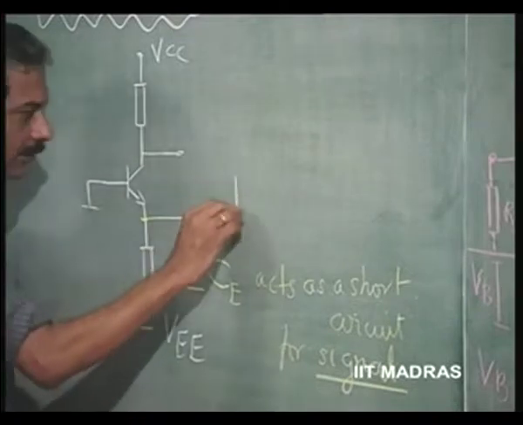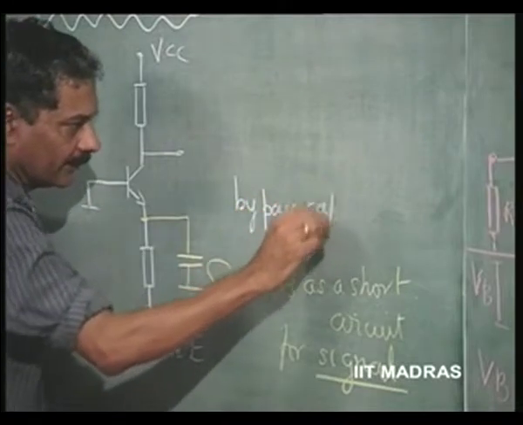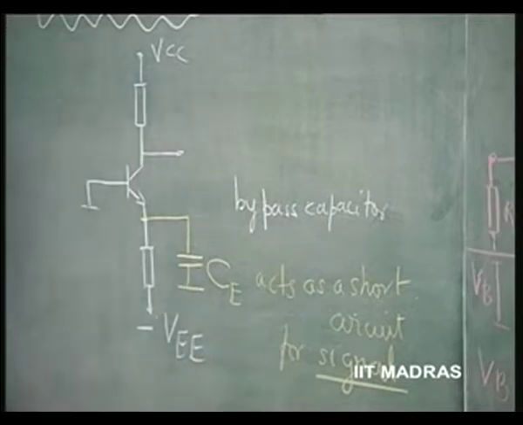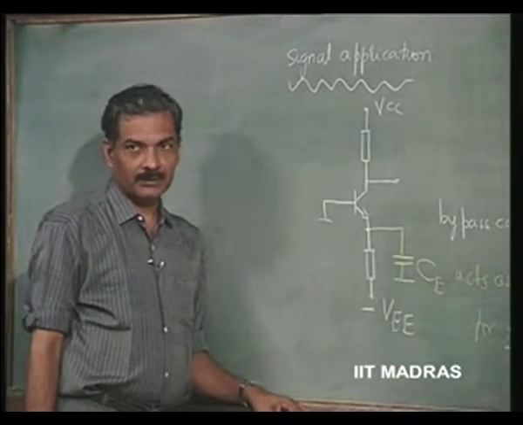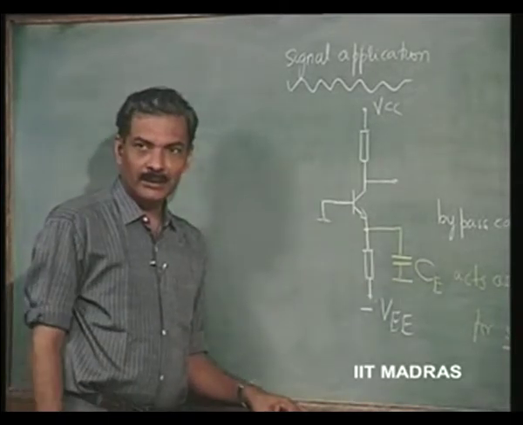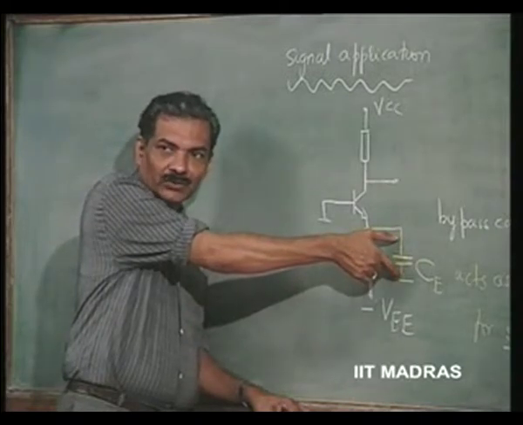This is called a bypass capacitor. Short circuit compared to what? This is an important concept. This is grounding it, right? That means potential across this, as far as AC is concerned, is 0.